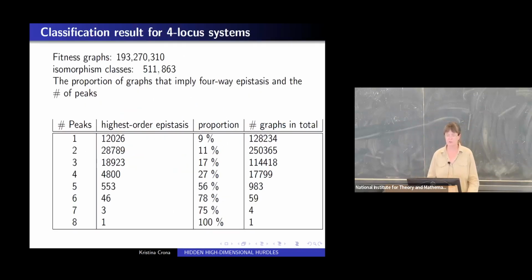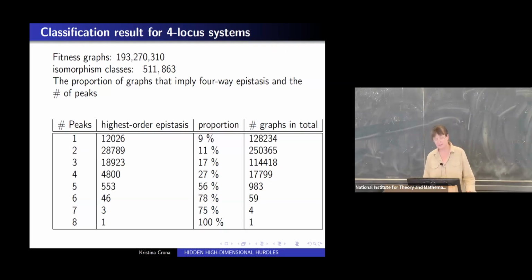We use this result also for a little bit of classification of fitness graphs, and there you can see that whether or not there is higher order epistasis is truly important for behavior. So here we looked at fourth order interaction. We look at all four locus fitness graphs, and you can see that if you look at graphs that have one peak only, then 9% of them have fourth order epistasis, and at the other extreme, if you look at graphs with 8 peaks, then all of them, well, it's just one single graph, has higher order epistasis.